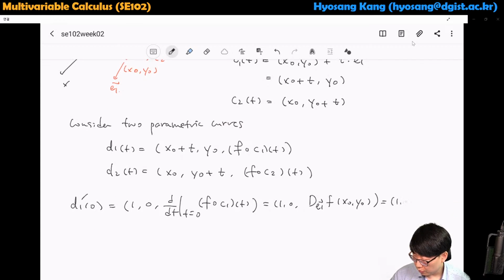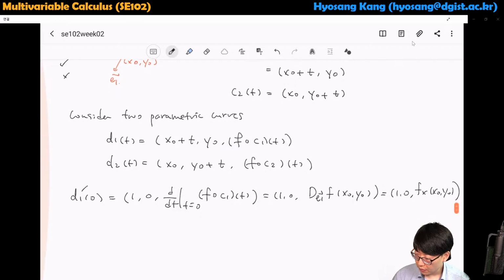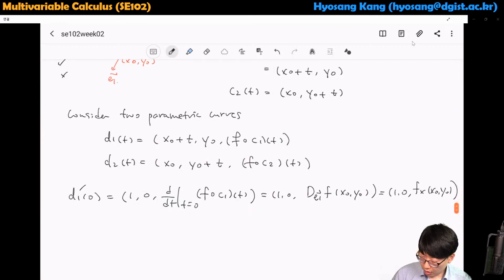So this is (1, 0, fx(x0, y0)), right? Now how about D2'? If you do this, it becomes (0, 1, ...) again, so t is on the second coordinate. And if you take the derivative of the third coordinate, it's fy(x0, y0), right?